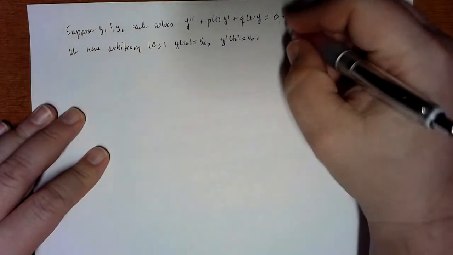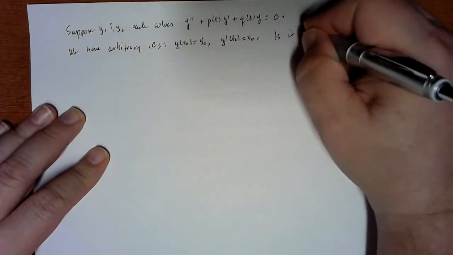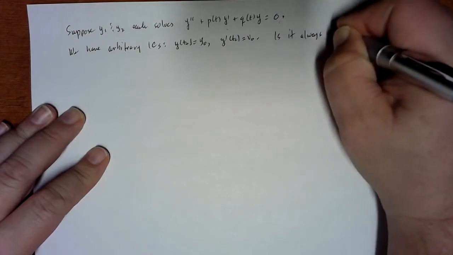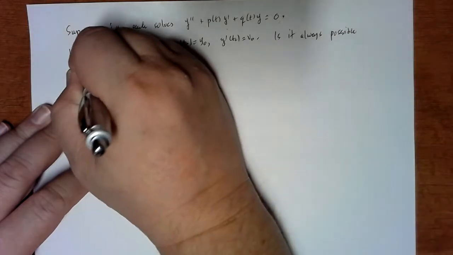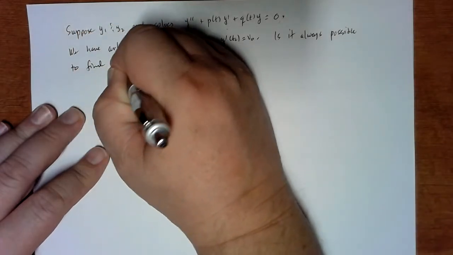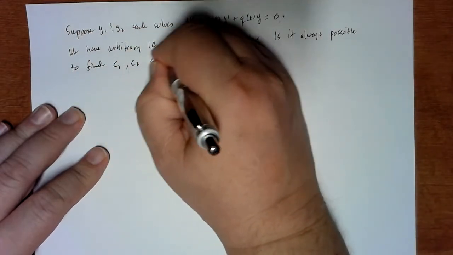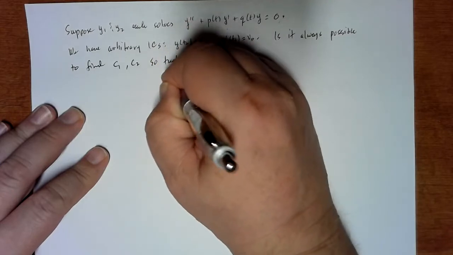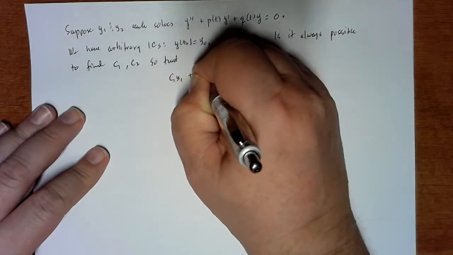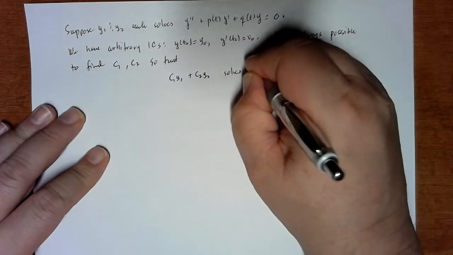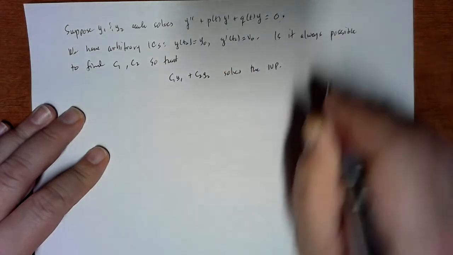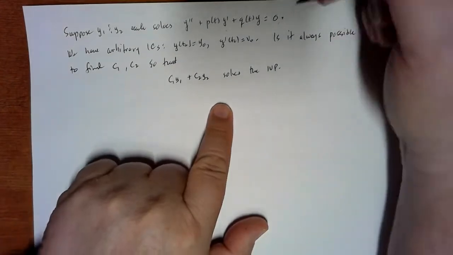Now the question is, is it always possible to find constants C1 and C2 so that C1y1 plus C2y2 solves the IVP? So what are we saying here?